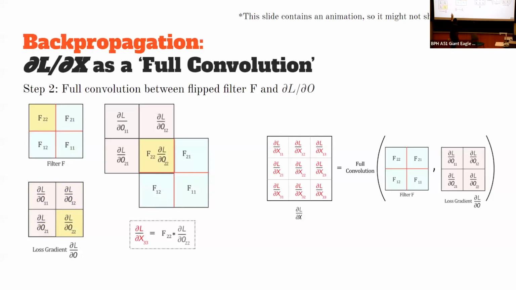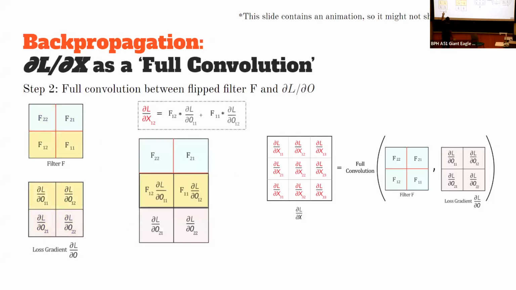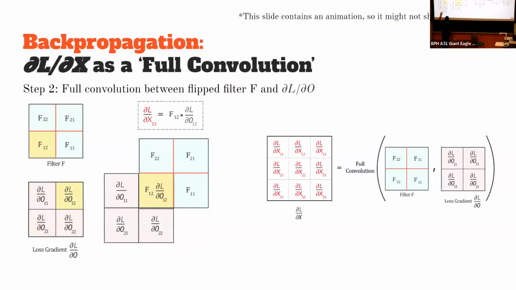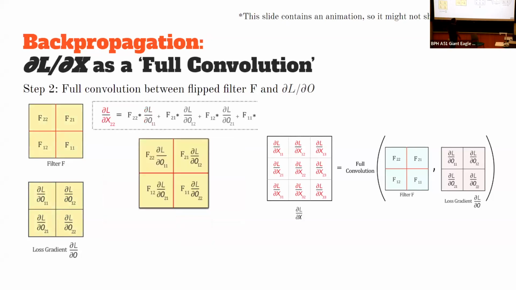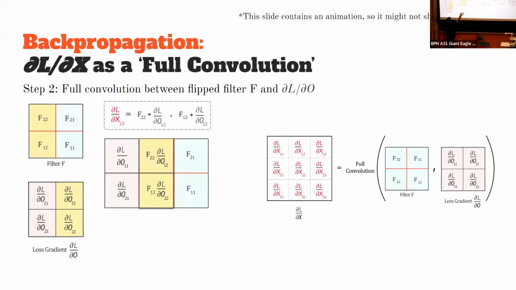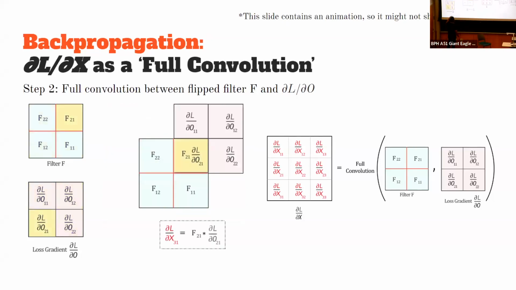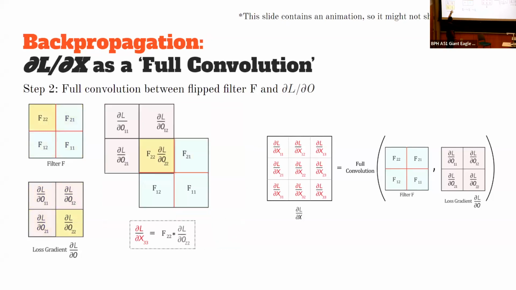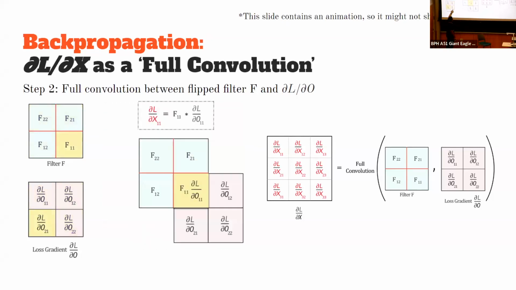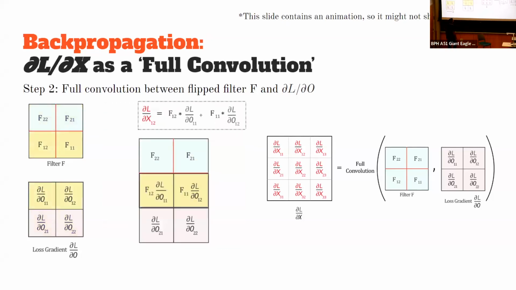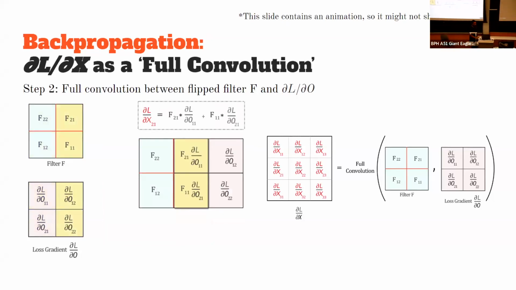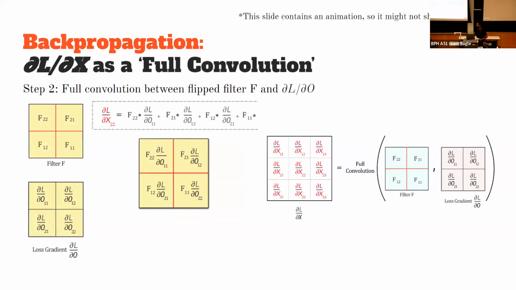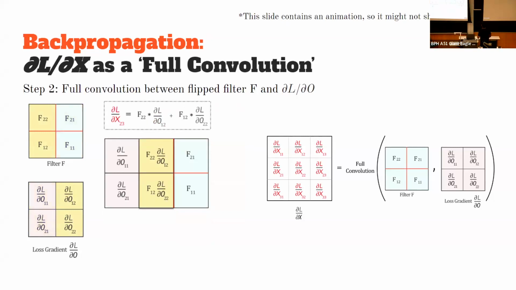You convolve every element of your loss gradient with every value in your filter. That's why it's called a full convolution, because you go outside of your input. But you can just think of full convolution as convolution with padding, that's the exact same thing.